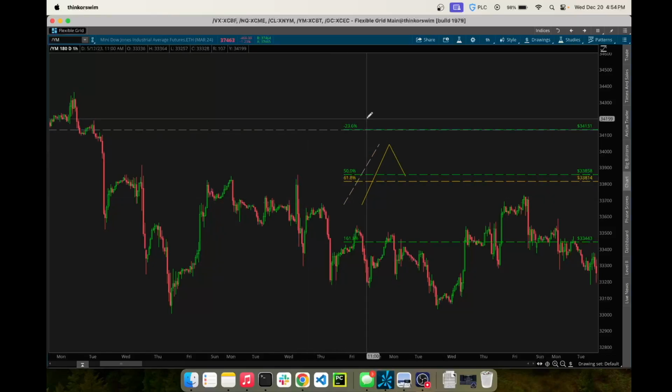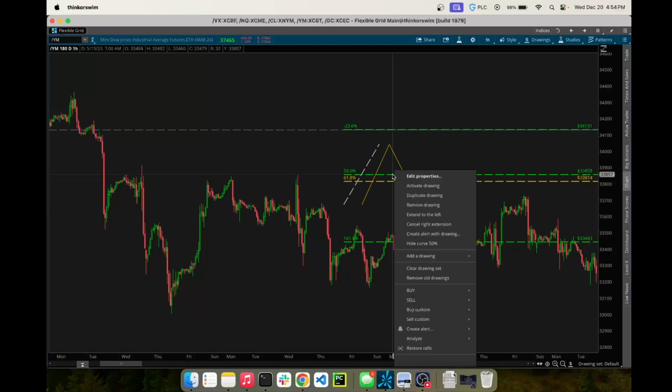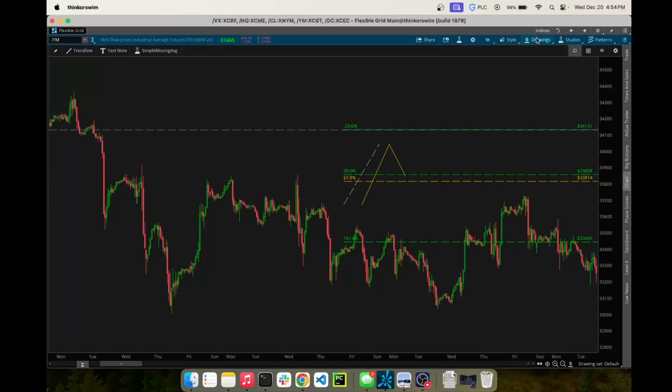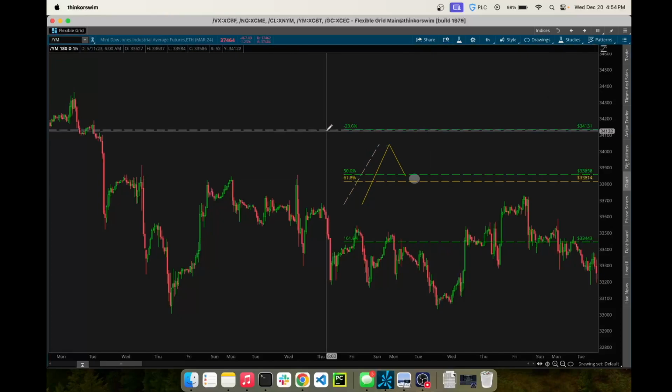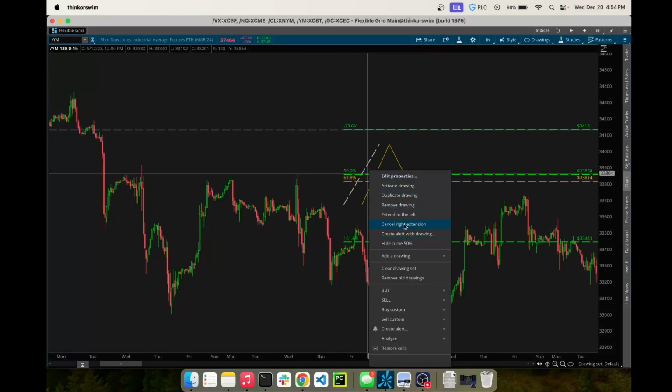We plot out our negative 23.6 so that if ever we remove this, since we're already in there, we don't have to worry about this, right? So we've entered our position. We don't want anything crowding our chart, so sometimes I will just plot out the negative 23.6 and identify it and remove the rest of these lines.